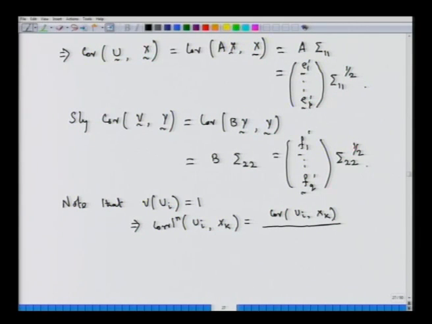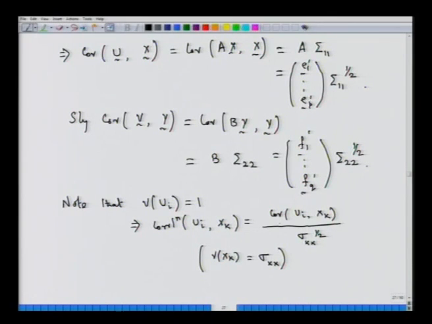Now, this would be divided by the standard deviation of the respective components. So, this will be 1 times sigma kk to the power half, wherein the variance of xk we are denoting by sigma kk. So, the standard deviation is this quantity.